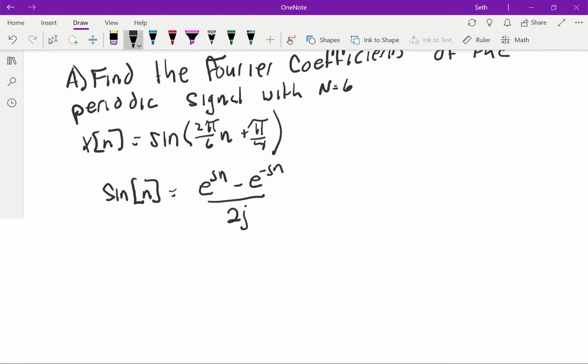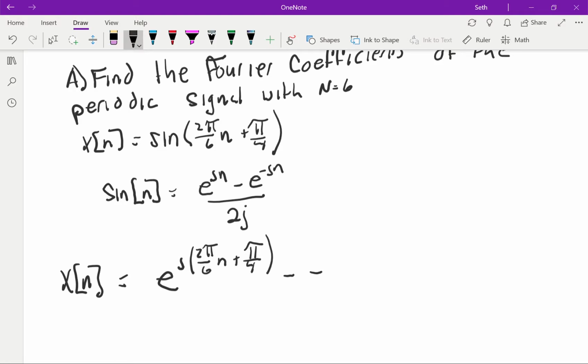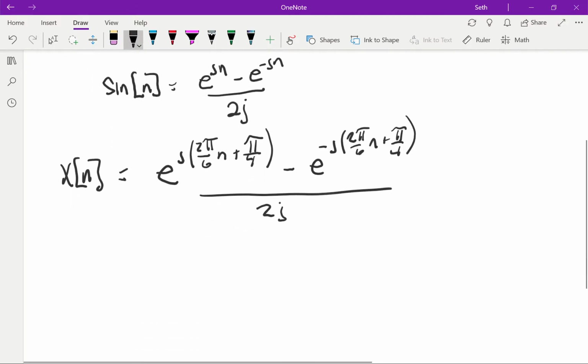So we can write x of n as equal to e to the j 2 pi over 6 n plus pi over 4, minus e to the minus j 2 pi over 6 n plus pi over 4, divided by 2j. Okay, we can simplify this.